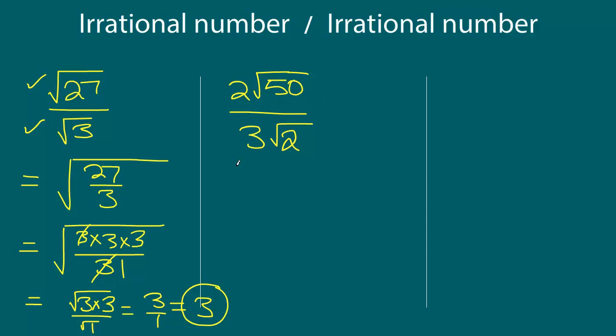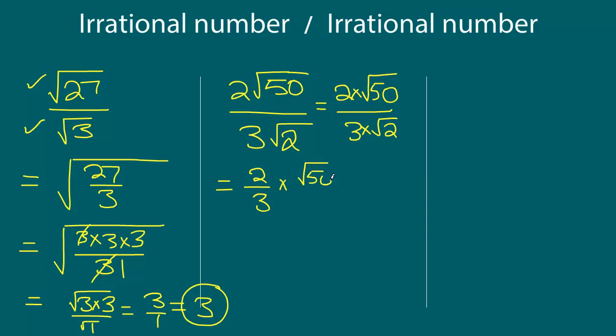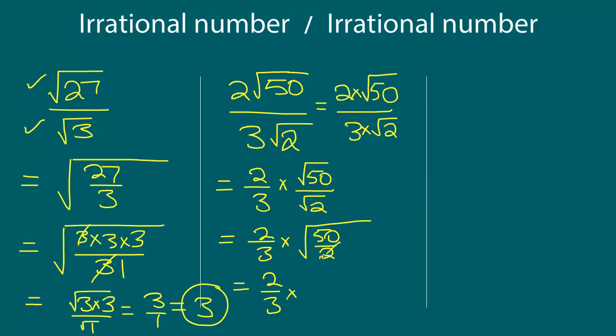Now we can write this as 2 times square root 50 divided by 3 times square root 2. Or we can say it is 2 by 3 times square root 50 over square root 2, right? Or we can say it is 2 by 3 times square root of 50 over 2, or simply 2 by 3 times, this will be square root 25.